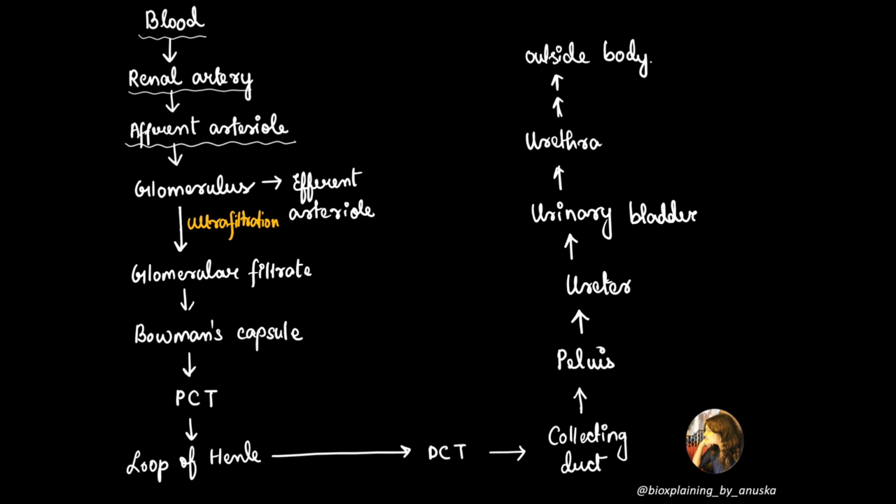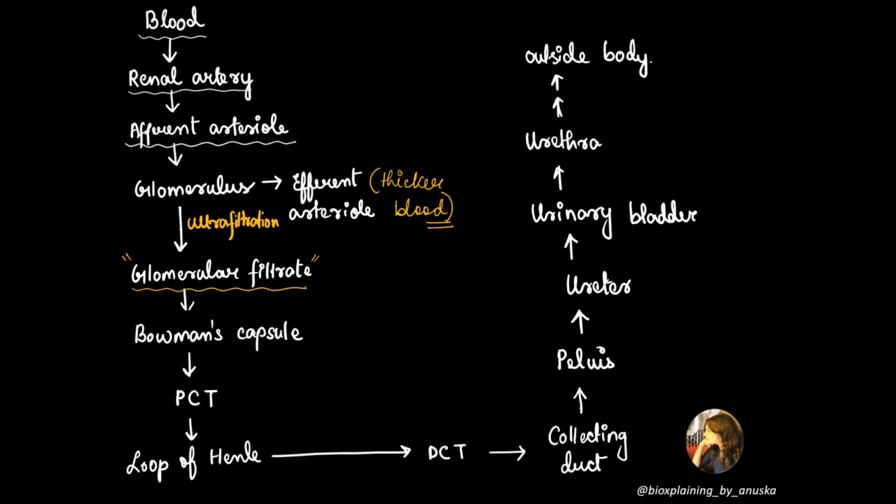Once ultrafiltration occurs, the liquid part of the blood will get into the Bowman's capsule. That is what we call the glomerular filtrate. And the thicker part of the blood will flow out via the efferent arteriole. So we can say that the efferent arteriole contains the thicker part of the blood, because the liquid part has come into the glomerular filtrate.